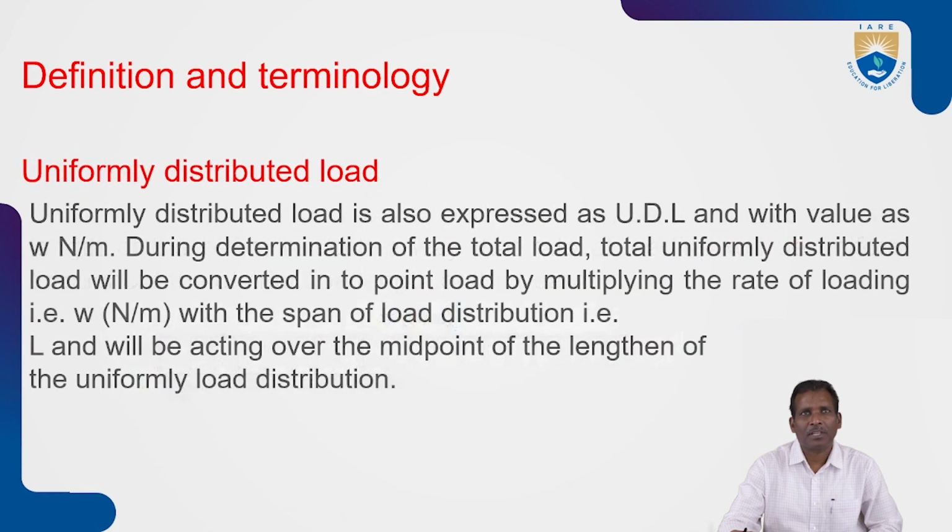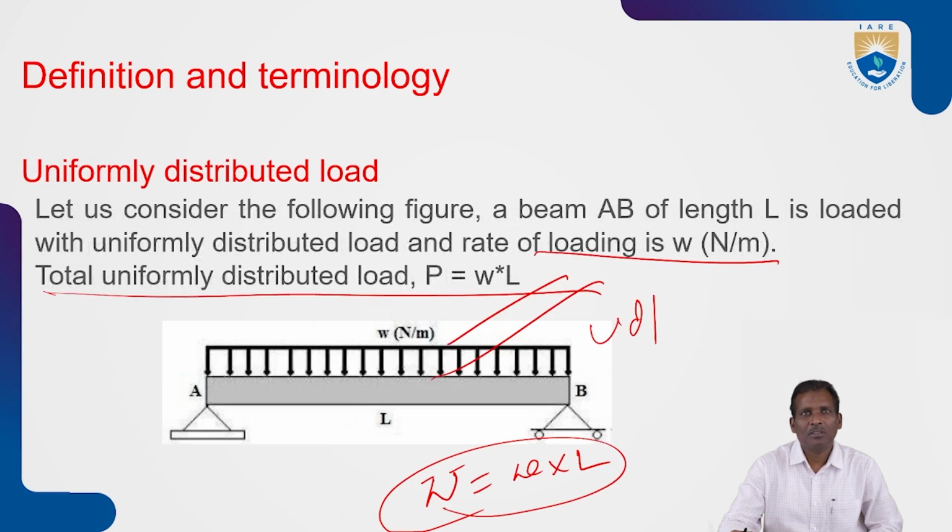If you don't know this terminology and these definitions, you can't solve the problems. Which type of beam is called a simply supported beam? How do you define an overhanging beam? And what are the supports? How many types of supports are there?